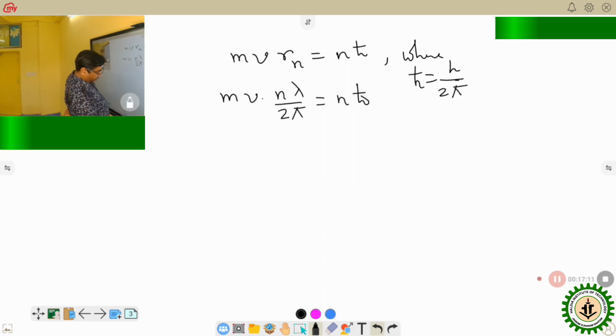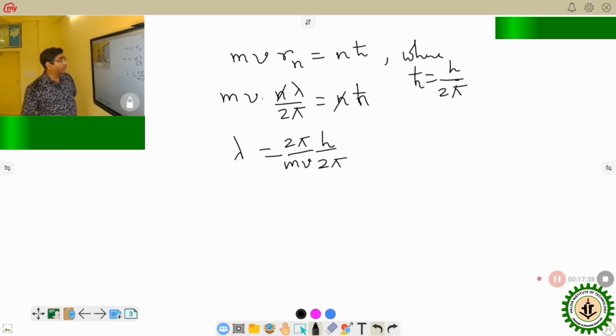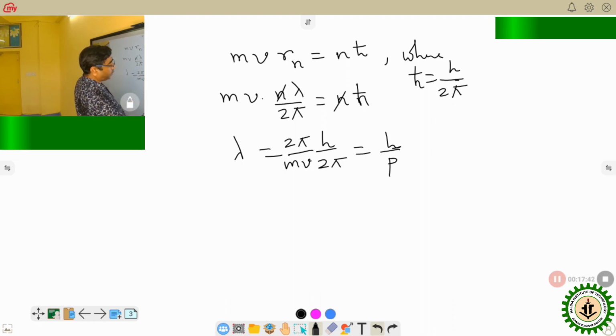From that we obtain lambda equals n h by 2 pi over n m v. So all those 2 pi cancel, and it would be lambda equals h by m v.